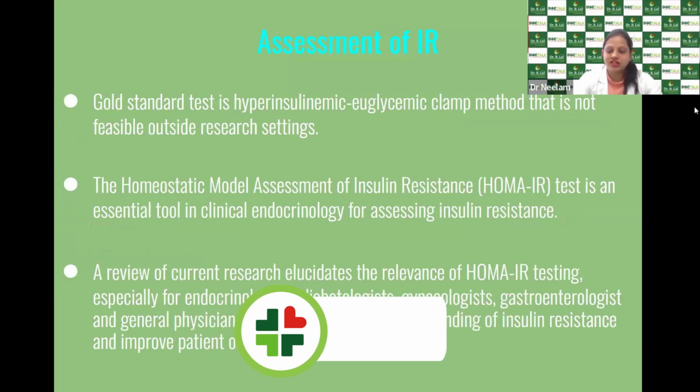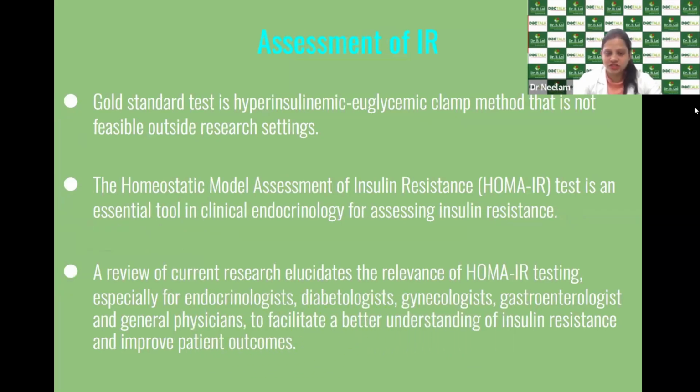So, assessment is very necessary for insulin resistance, and the gold standard test is the hyperinsulinemic euglycemic clamp method, but that is not feasible outside research settings. So, for the assessment of IR, we have the HOMA-IR test, that is homeostatic model assessment of insulin resistance.